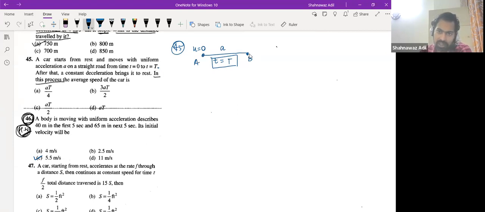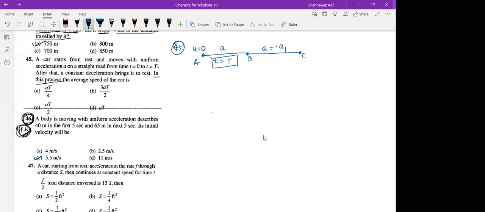Now after that, from B to C, a constant deceleration brings it to rest. So let's say that the deceleration is A1. And what would be the sign of A1? Remember, this is retardation, deceleration, so this is negative.